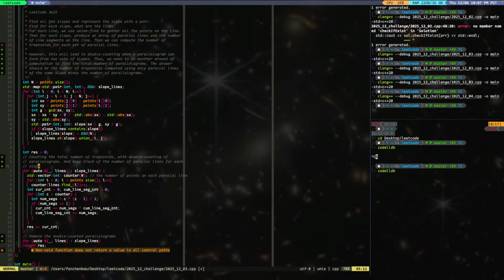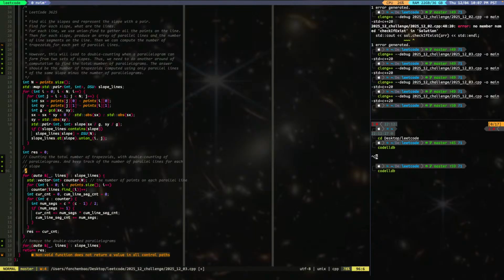Okay. We'll do this one here. So we got the lines. We got the lines per slope. And this is to get the number of points. But what I want is to know what is the total number of parents.